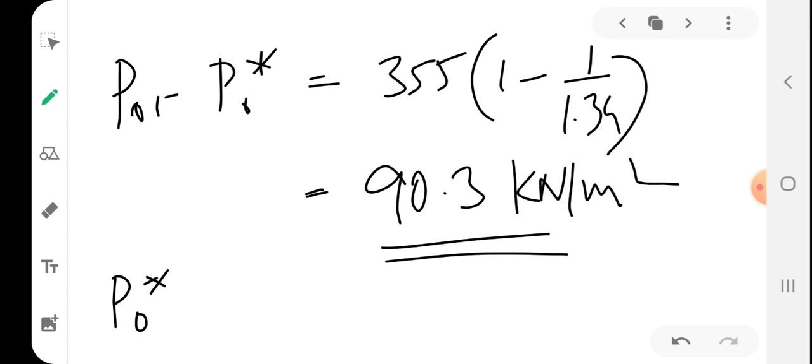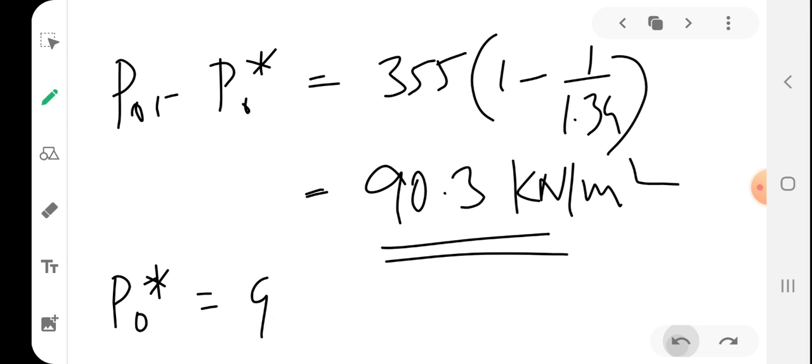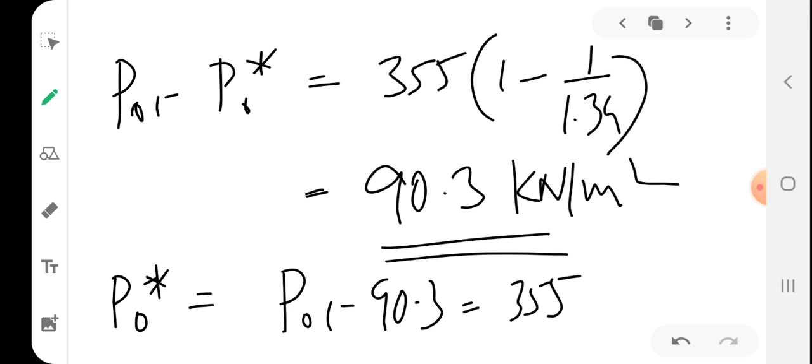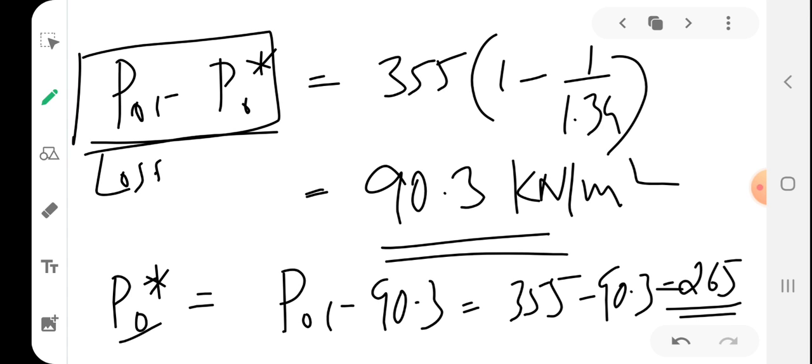P0 star will be P01 minus 90.3, and that will be 355 minus 90.3, and it will be around 265. So this is the value of P0 star. The term you should find out is nothing but loss in stagnation. So this is loss in stagnation.